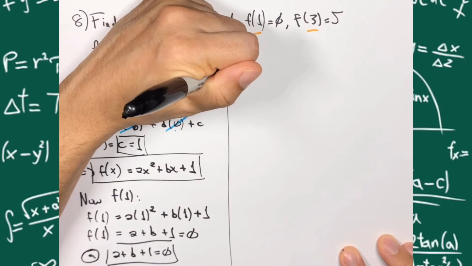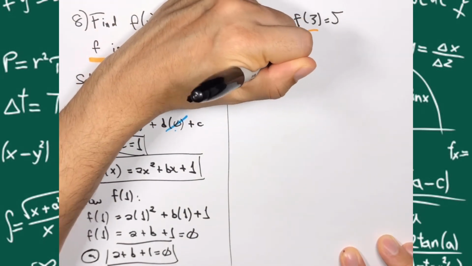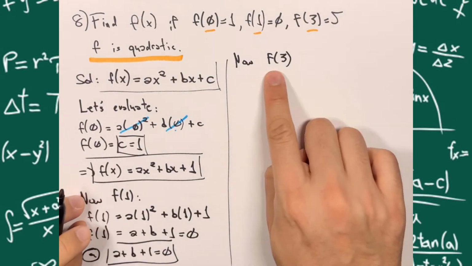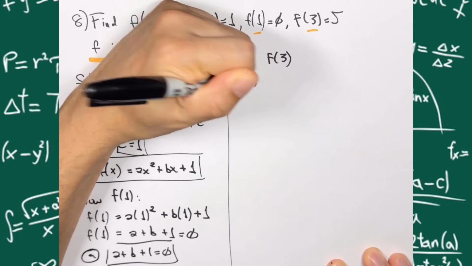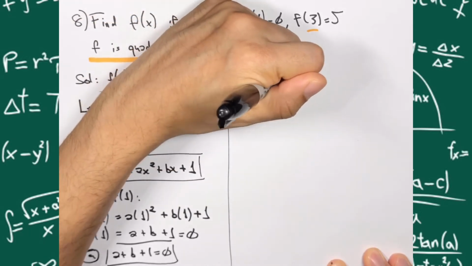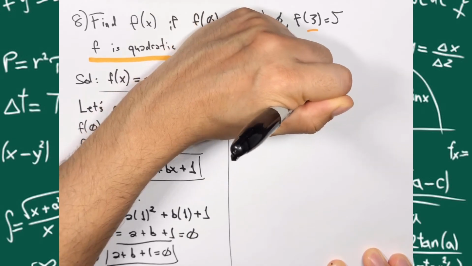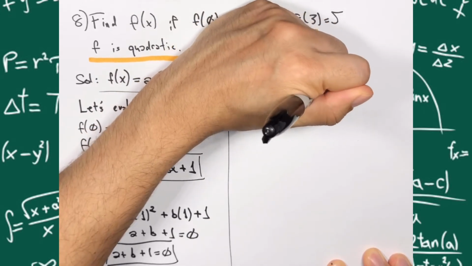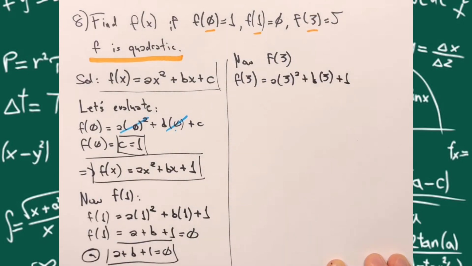Next comes f of 3. So we rewrite: f of 3 is going to be equal to evaluating 3 in the quadratic function, and we can use also the one that we said before. So f of 3 is going to be equal to a times 3 squared plus b times 3 plus 1.